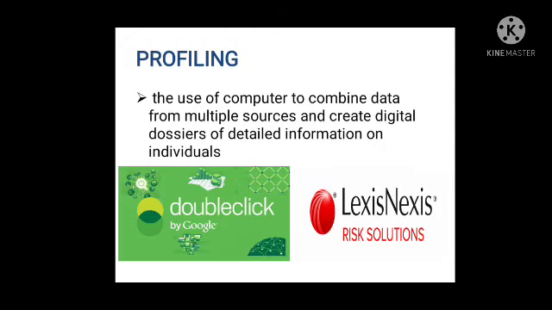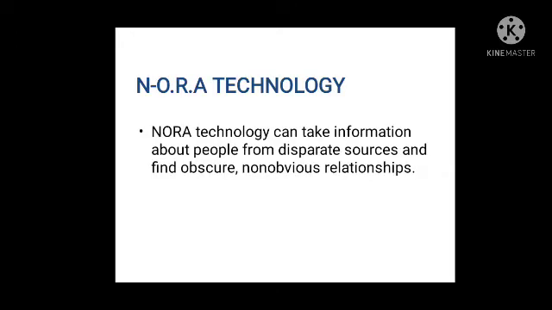DoubleClick can create detailed dossiers of a person's spending and computing habits on the web that are sold to companies to help them target their web ads more precisely. A new data analysis technology called Non-Obvious Relationship Awareness, or NORA, has given both the government and the private sector even more powerful profiling capabilities.